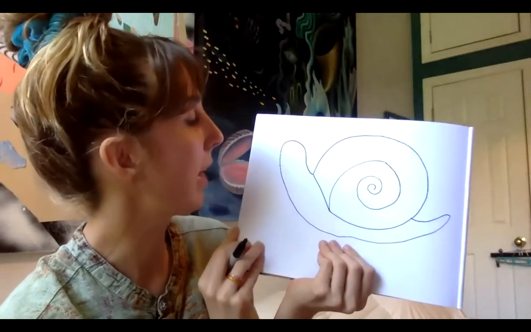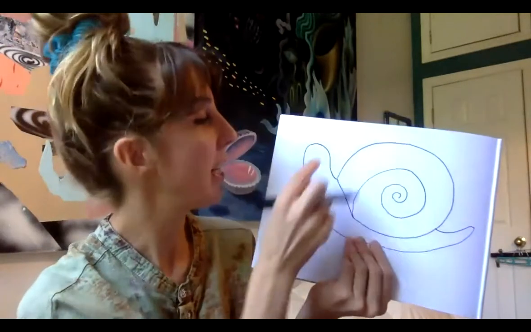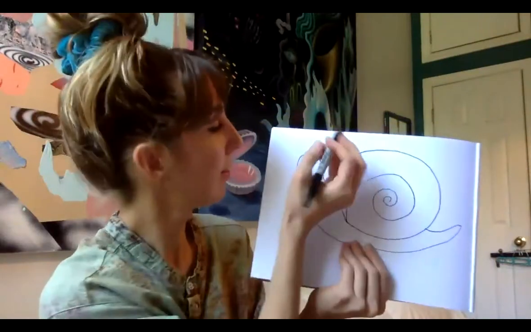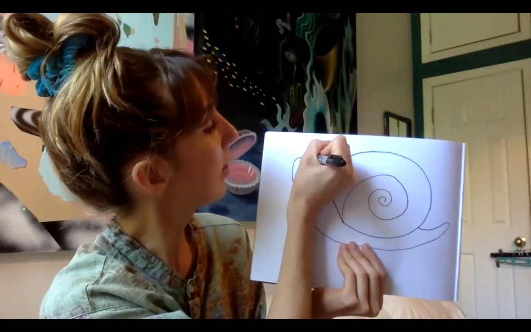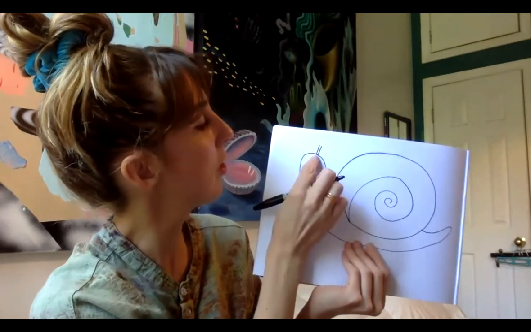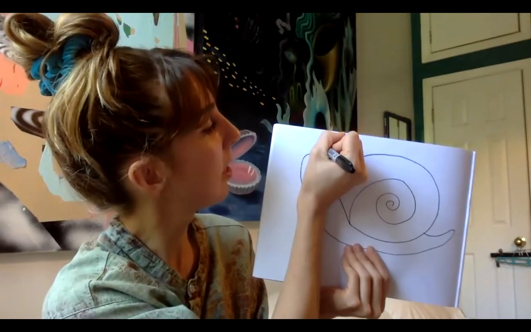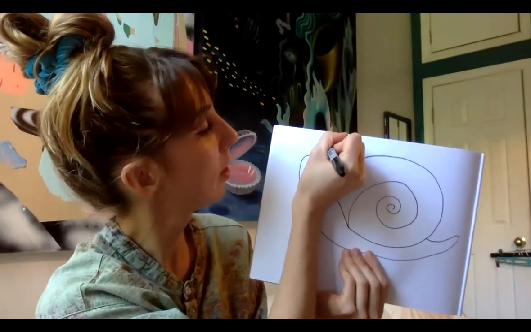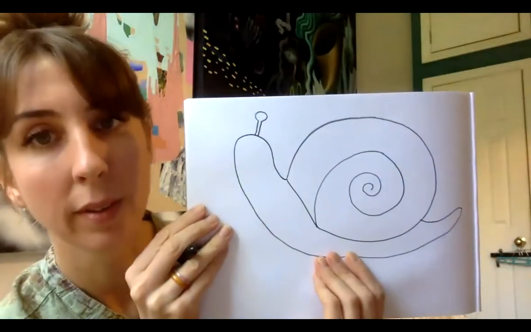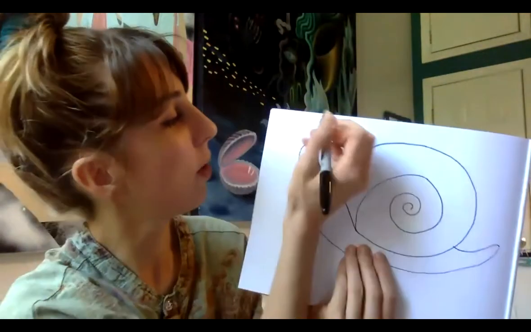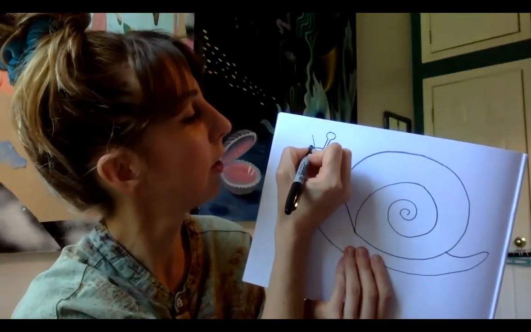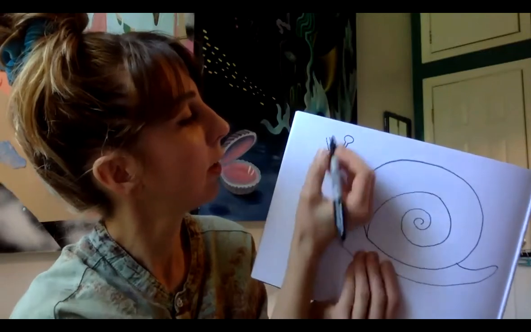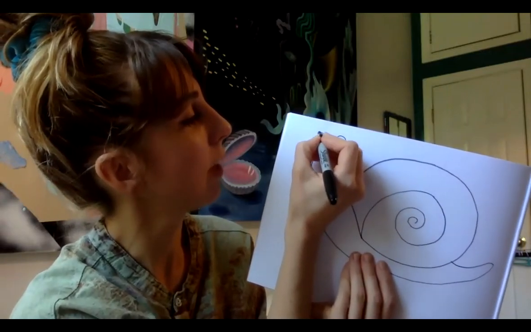Okay, so now that we have the body, now we can add its eyeballs. So we're going to draw two lines coming up like this, two lines next to each other, and then a little circle on the top, and then another one, same thing right next to it, two lines next to each other, and then a circle at the top.